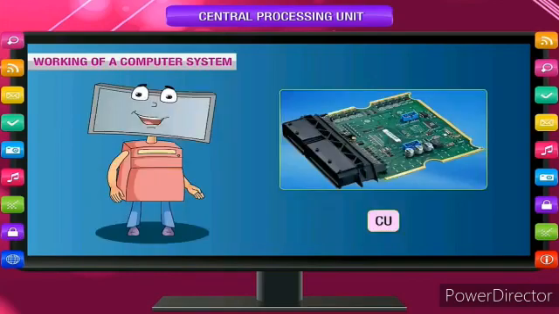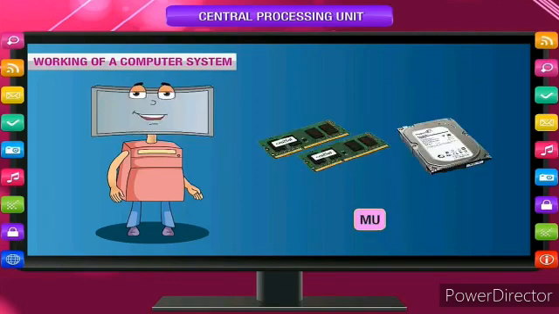The control unit, or CU, decides when to take input from the input device. It then sends data and instructions to the memory unit, or MU.